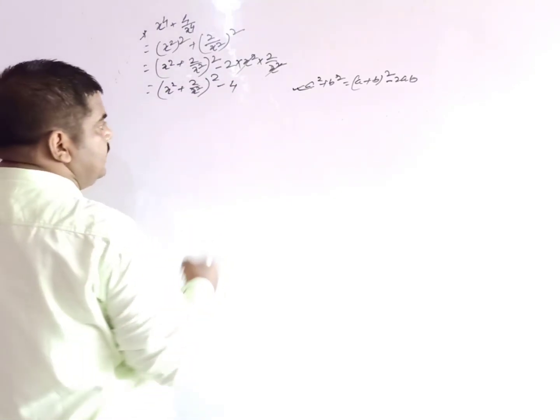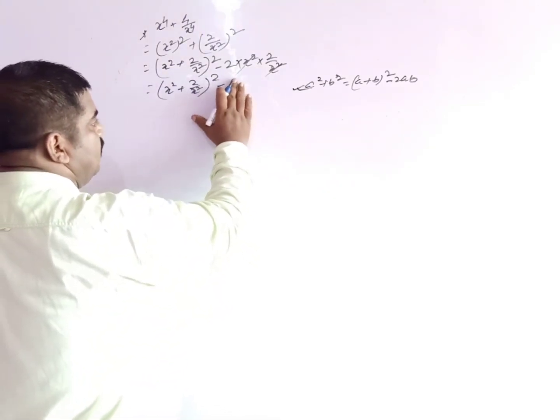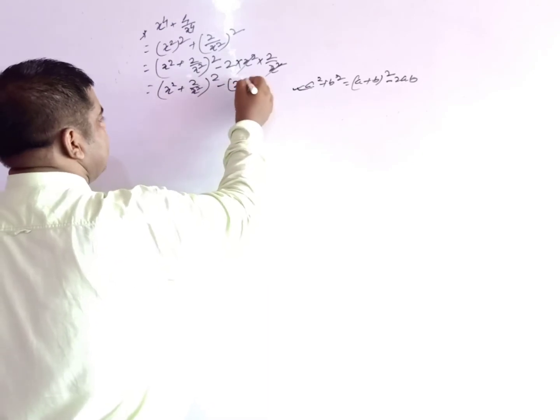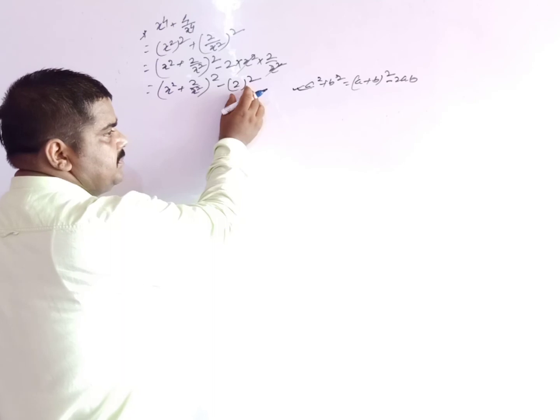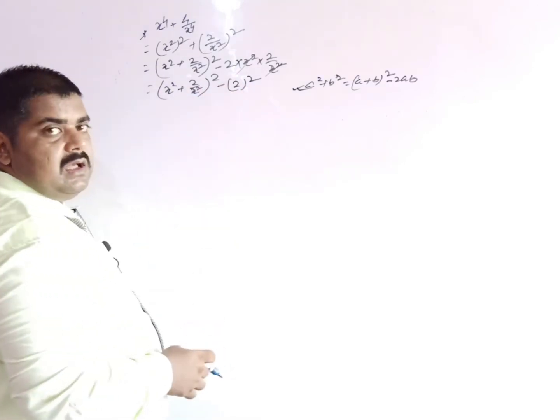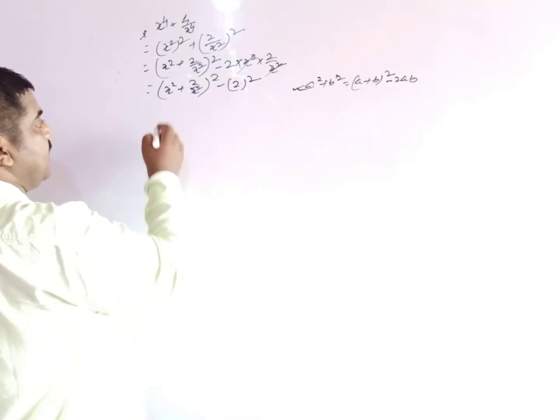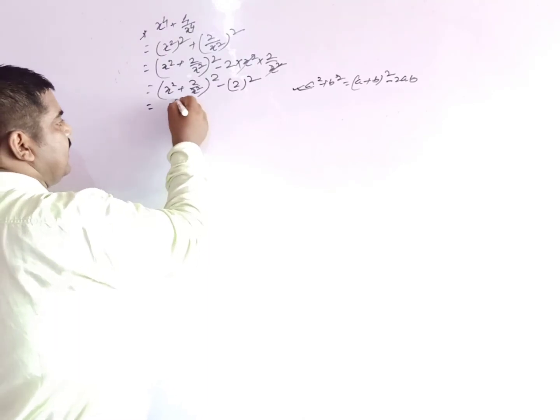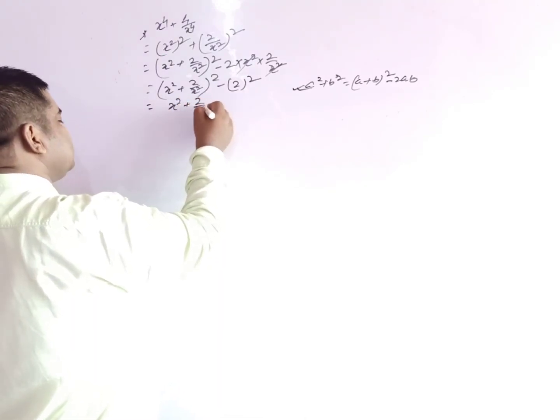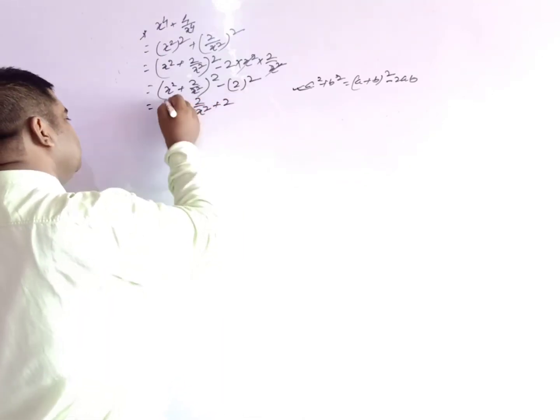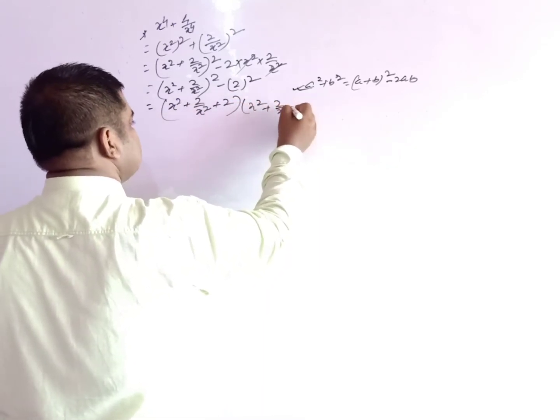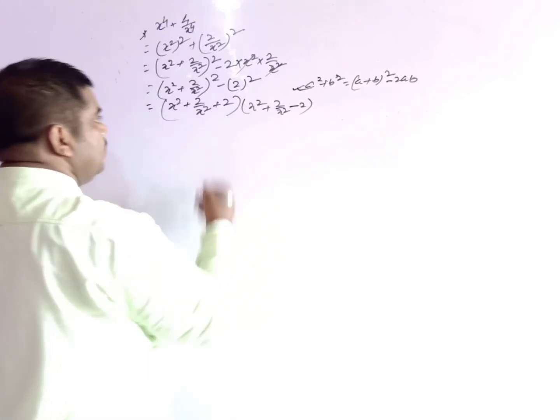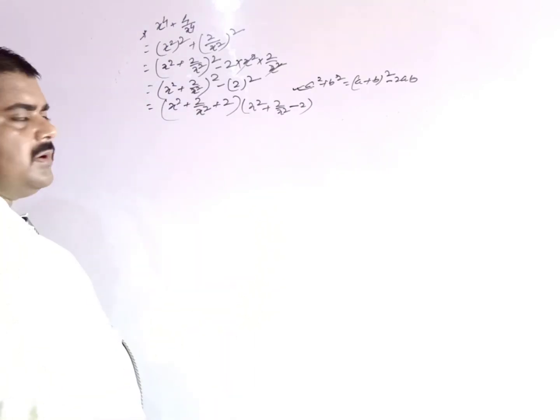And you know very well that either you write 4 or you may write 2 square. This is now considered as a and this is considered as b. So a square minus b square, you have to apply the same technique: (x square plus 2 upon x square plus 2) into (x square plus 2 upon x square minus 2). So you can solve this question this way.